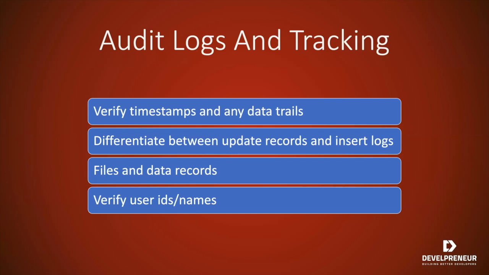If I know that Rob is updating this data and I need audit trails based on that, I should be able to get back out of the database that Rob made this change at this time. And again, this goes back to your requirements, making sure that you understand them and that they properly detail what needs to be done.